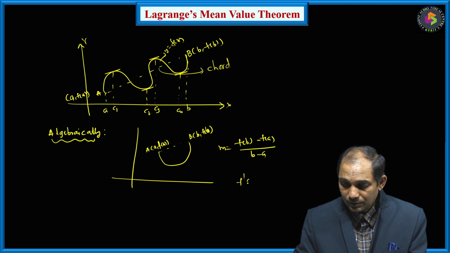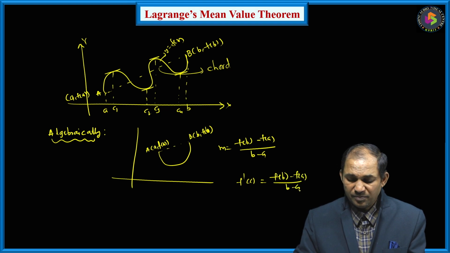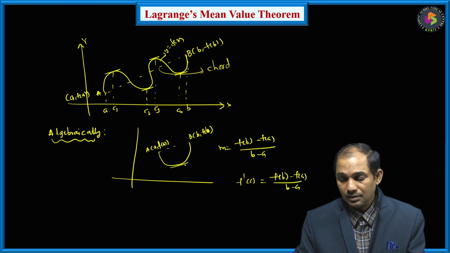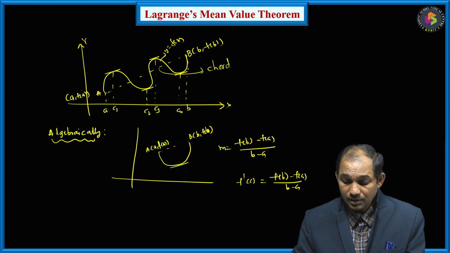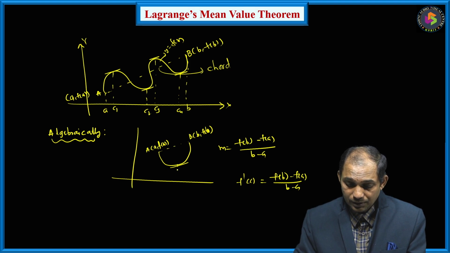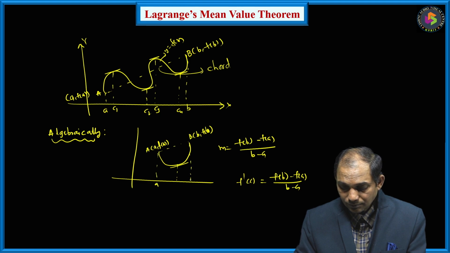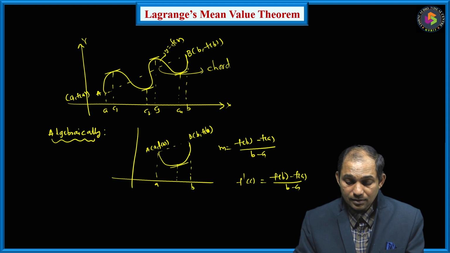But Lagrange's mean value theorem says that f dash of c is equal to f of b minus f of a by b minus a. Algebraically it means the exact rate is equal to the average rate. There is at least one point in the interval a comma b where the average rate from the point a to b is equal to the exact rate.